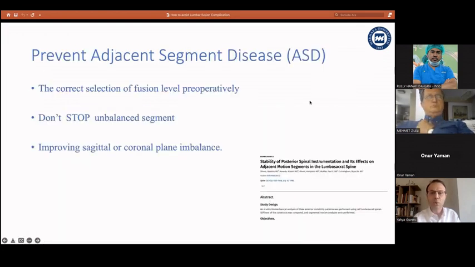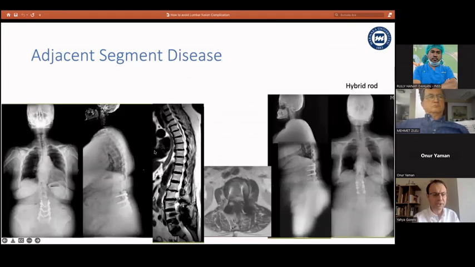And the other complication is adjacent segment disease, and the preventive technique is correct selection of the fusion level. The correct selection of fusion level is very important. Don't stop at an unbalanced segment, and improve sagittal or coronal plane imbalance. For example, this patient has adjacent segment disease here.